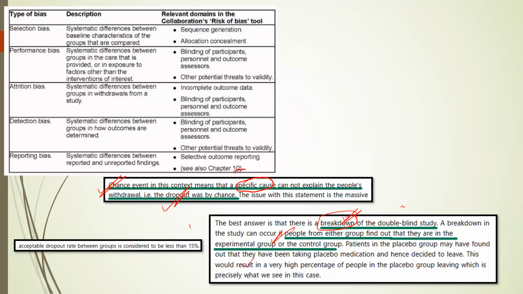So actually the subject doesn't know whether the subject is in the trial group or the control group. But once the subject becomes aware of this, that is, the subject is in the experimental group or in the control group, that's when there is breakdown of the study. And this is another common cause for failure of a clinical trial.